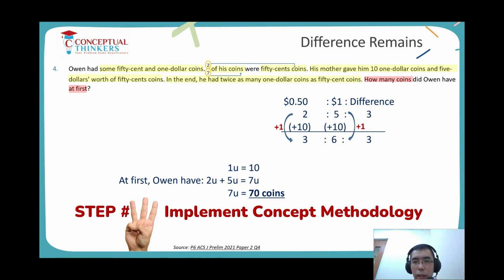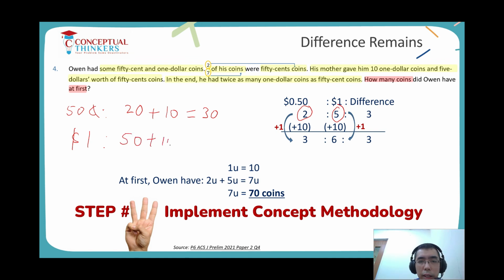Let's do a simple check. For 50-cent coins at first, because it's 2 units, 50-cent coins will be 20. Then $5 worth of 50-cent coins will be 10 of them, which we calculated in the previous slide. So we have 30 50-cent coins in the end. Then if you look at $1 coins, we have 5 units here, so that will give me 50. Then we add another 10 given by his mother, so we get 60.